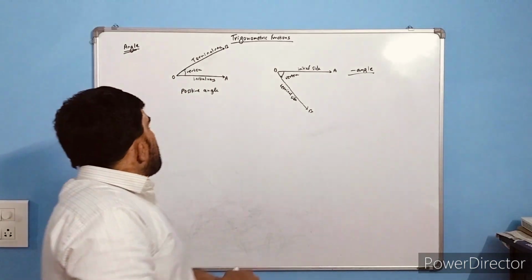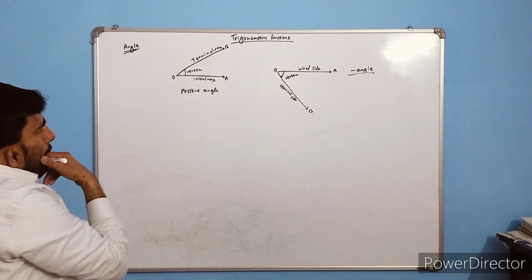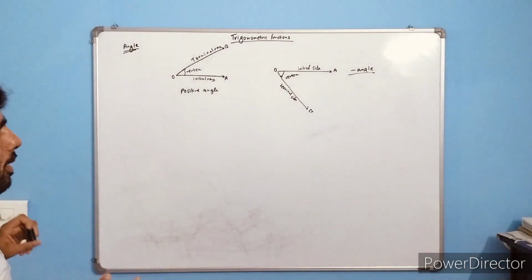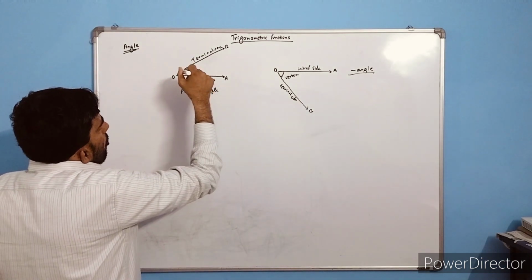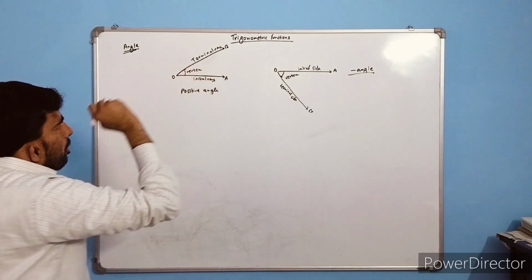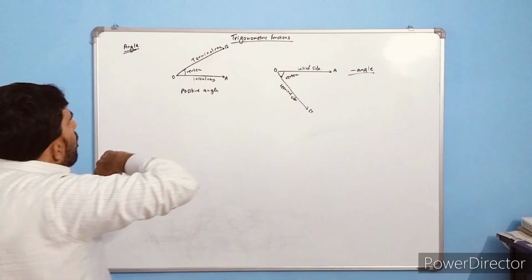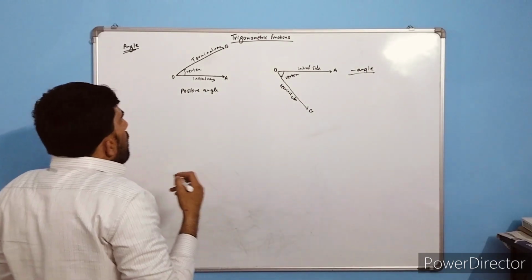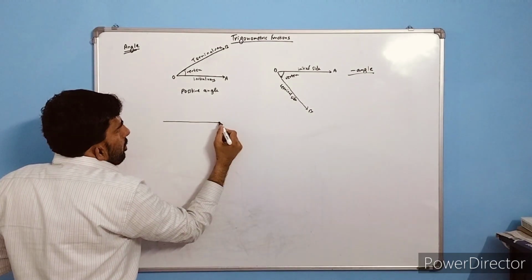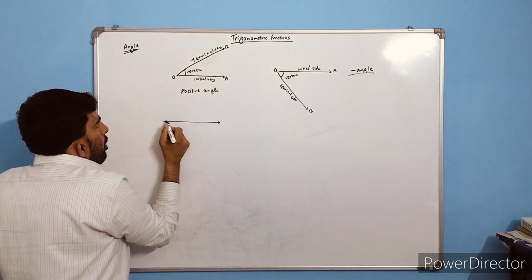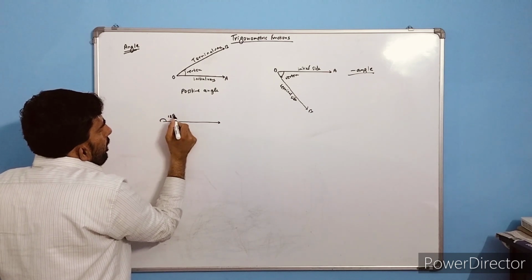Now let's talk about how to measure an angle, the amount of rotation from its initial point, that is called angle. Now we'll talk about measurement. Like see, that is 180 degree.